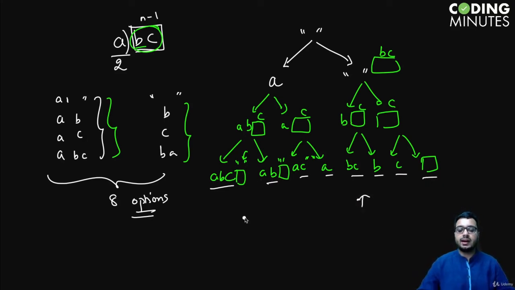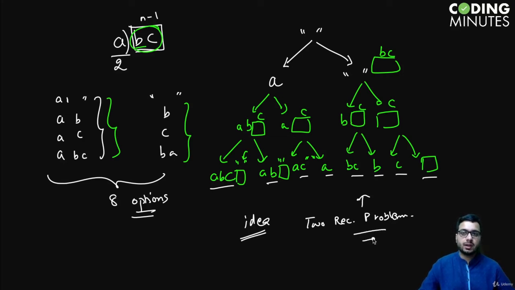Okay, so the idea is, in order to build brute force solutions like these, you will need to make 2 recursive calls in most problems, or maybe 3 or 4 also, but 2 is a very common structure. Okay, for example, in the knapsack problem, you have a choice whether you want to pick that item or you want to exclude that item.